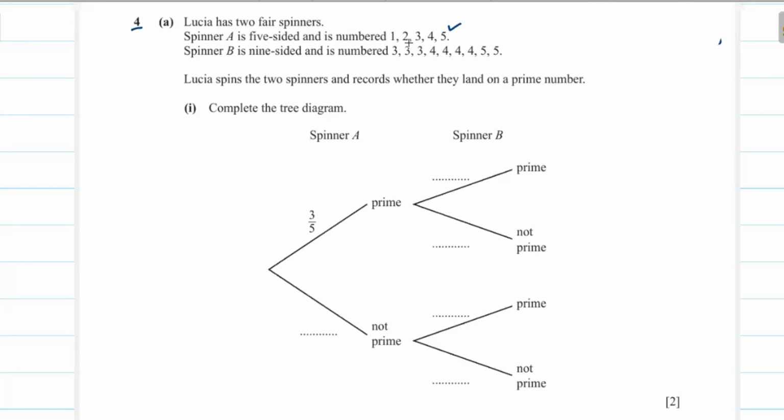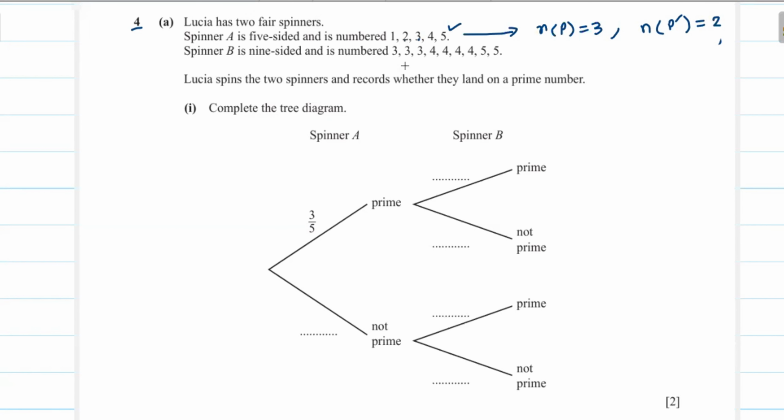Here are three prime numbers, 2, 3 and 5. We write here the prime number for spinner A as P. Here are 3 and the remaining numbers will be 2. Therefore, not prime number. We mark it P dash. Here are 2.